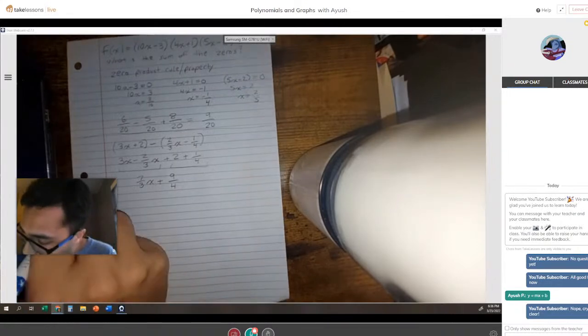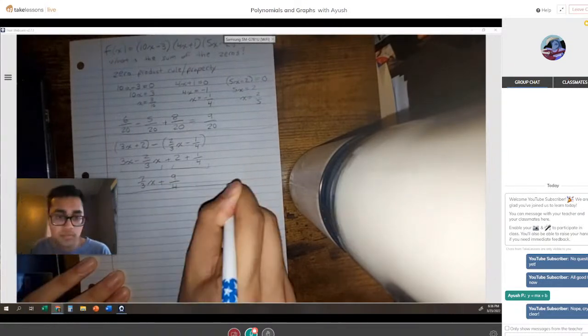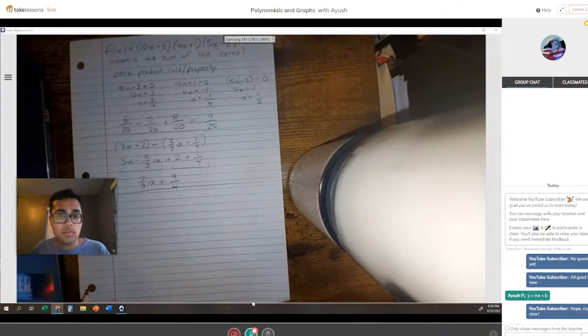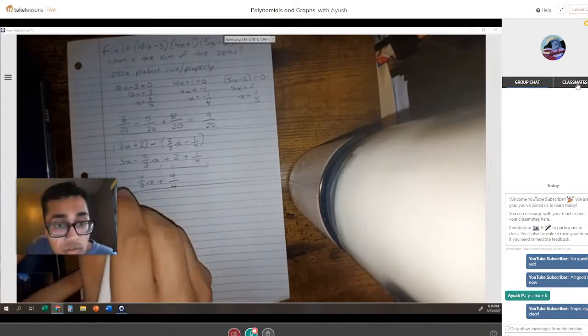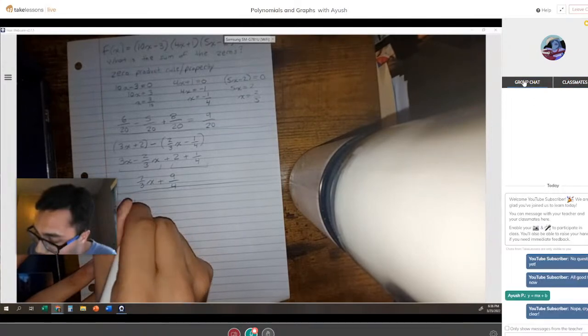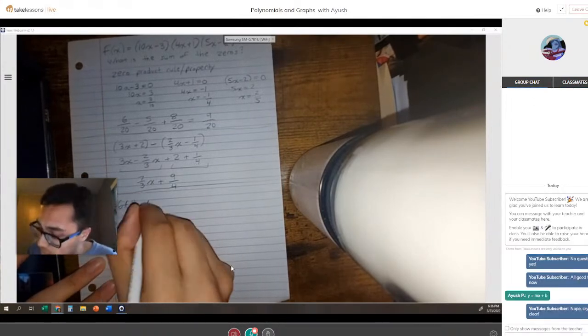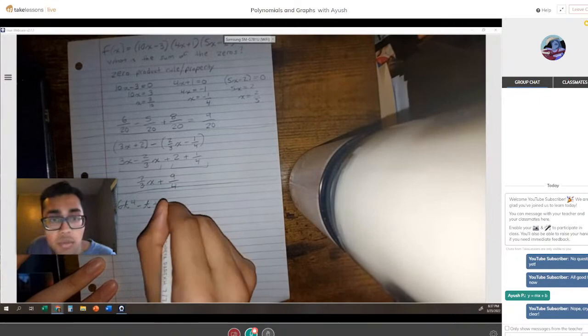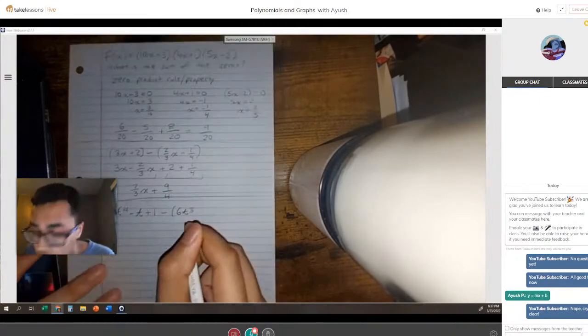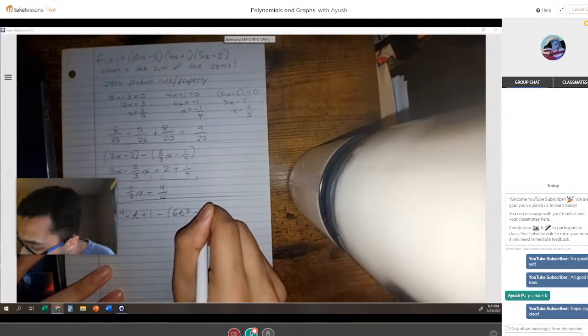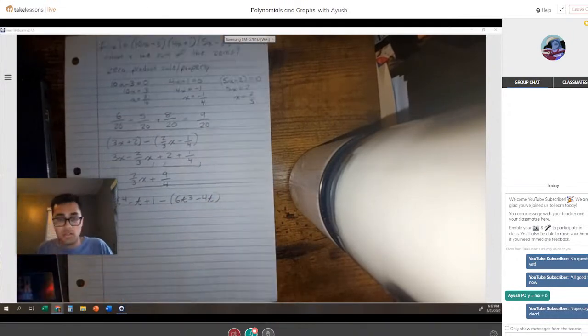So this time we'll have a quartic polynomial, and we'll have the following: 6t to the 4th minus t plus 1 minus 6t cubed minus 4t. And the task is the same as before.